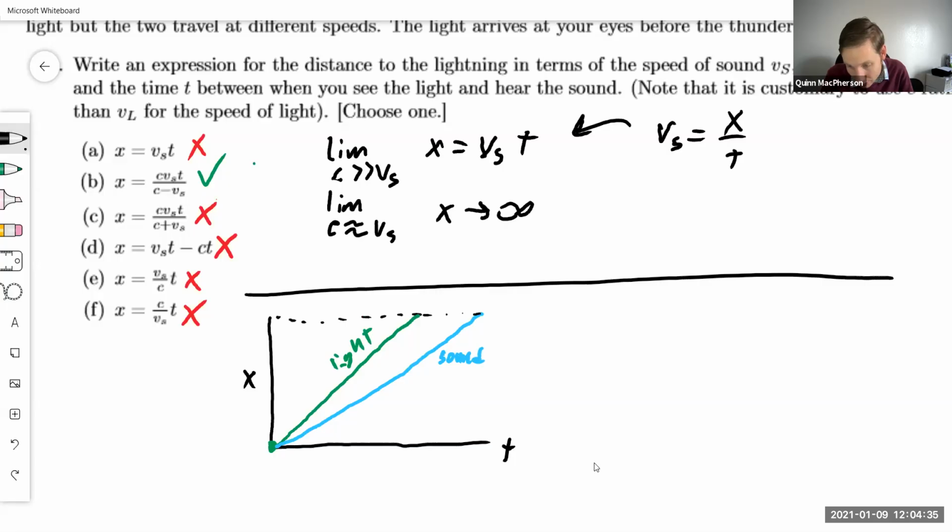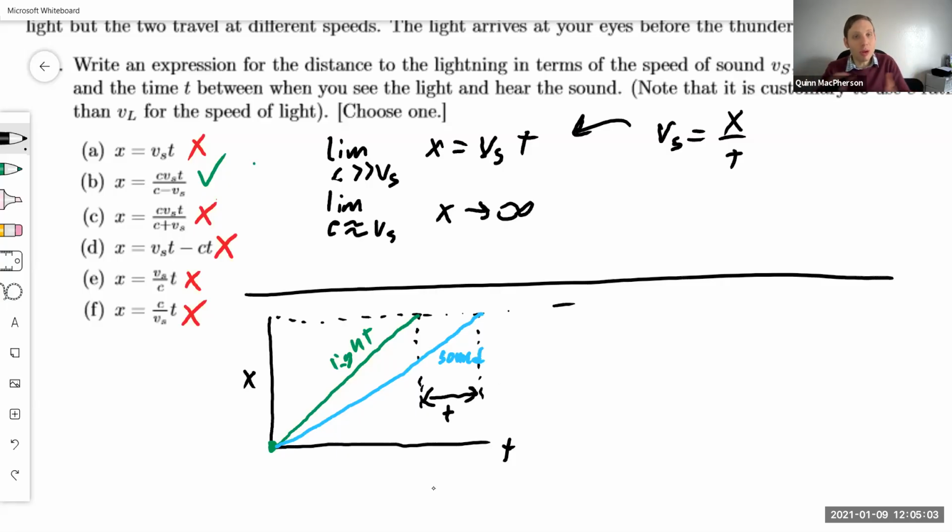Both the light and the sound have to travel the same distance. They travel from here to here. This is the x value we want. What we are measuring, the t we measure, meaning the 1001, 1002, 1003, is the time between when we see the light, this time here, and hear the sound there.